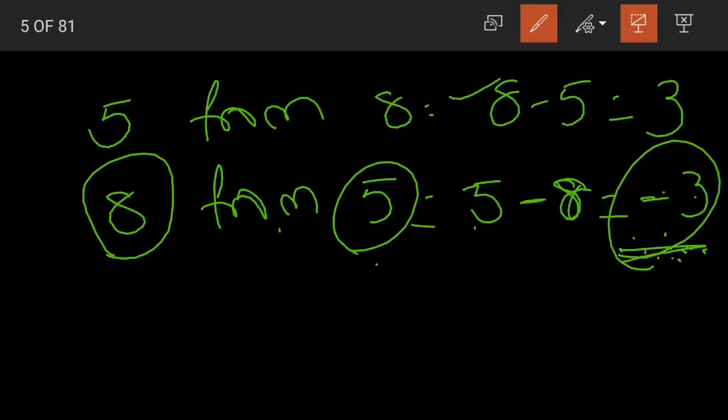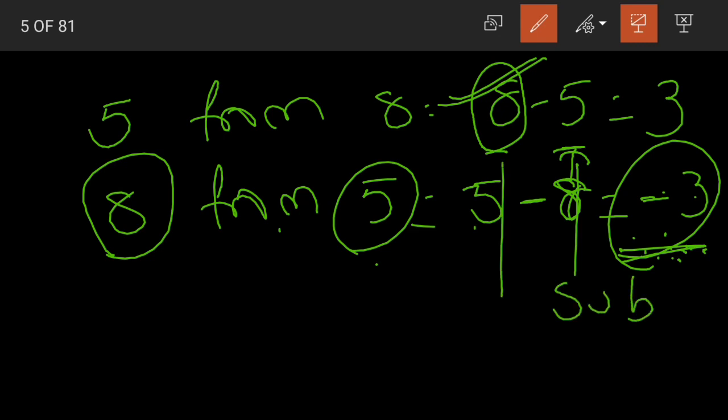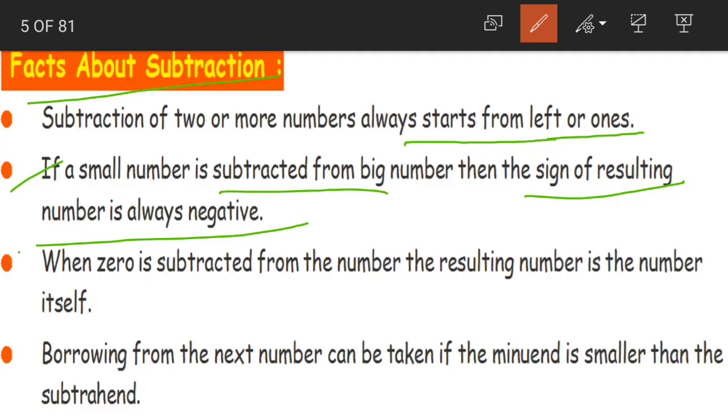That is why we always subtract the smaller number, called the subtrahend, from the larger number, called the minuend. Now coming to subtraction fact number 3.